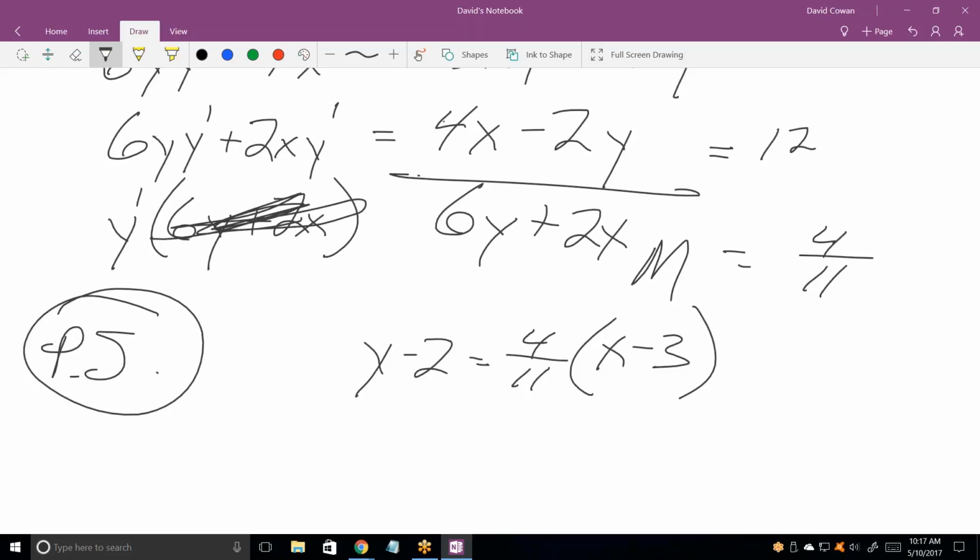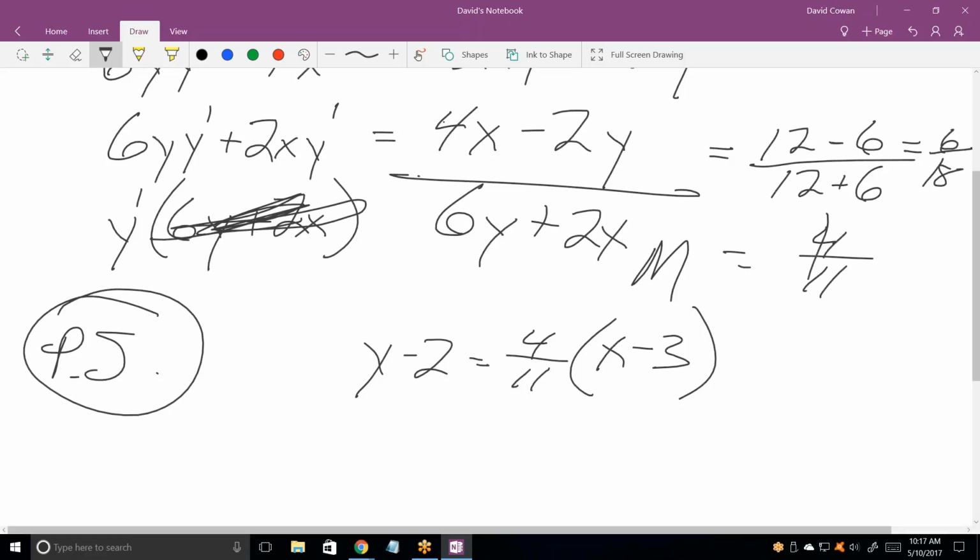So I got 12 minus 6, correct? Oh, I know what I did. I put in the wrong y on the bottom, I think. I should have put in the 2 for y there. Plus 2 times 3, 6, yeah, I get 6/18ths, 1/3.